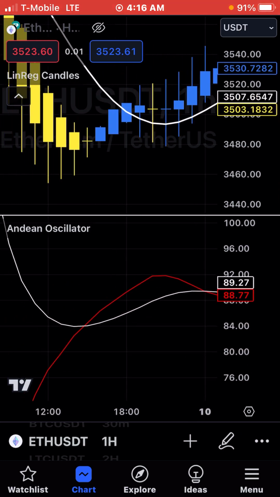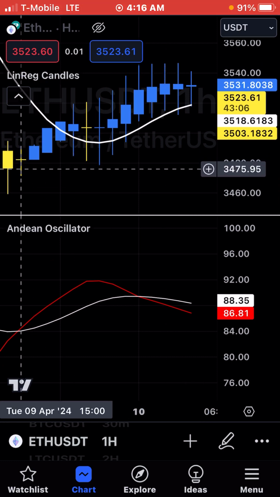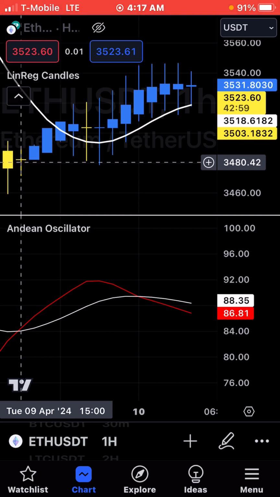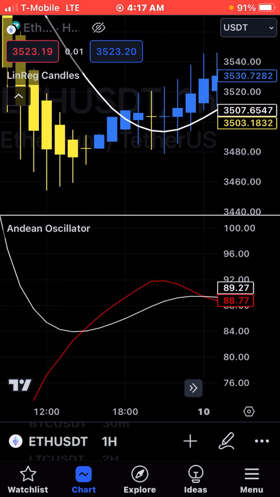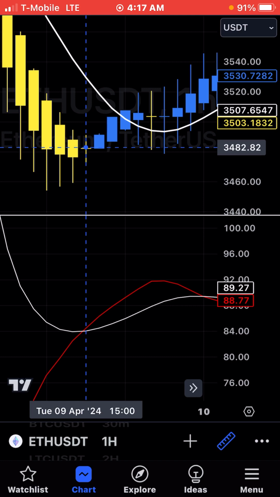So anyway, let's look at this strategy for Ethereum. Okay, works the same way. Red line going through the signal line right here. Now this is weird because you're trying to confirm that it's going to be going down, but you see it's passing through right here.